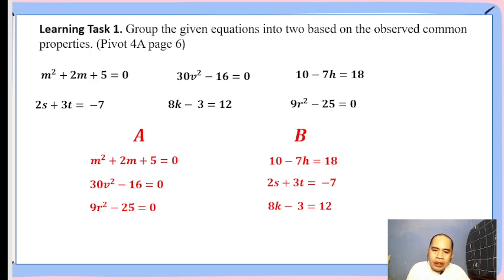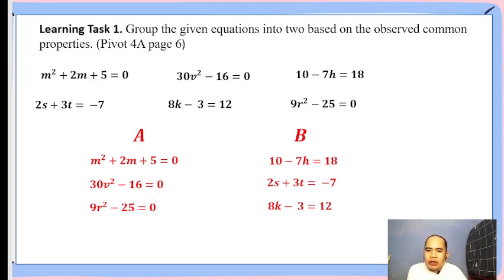So, if we're going to notice class, the common properties is that the highest exponent appearing to the variable in the equation in group B is 1. Okay, so if that's so, tatawagin natin si group B as linear equation. Then, si group A naman, tatawagin natin as quadratic equation.